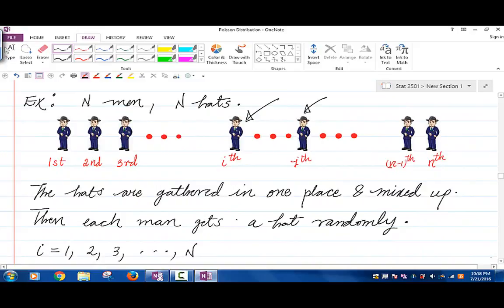Let's consider capital N men with N heads.